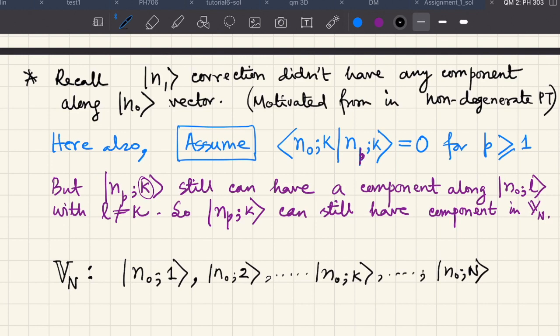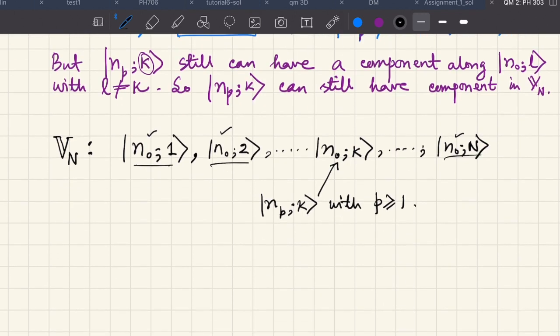Now maybe n1k will not have any component along n0k, but it may still have components along n02, n01 or n0N. No one is stopping it from having a component along these other vectors. So any npk with p greater than or equal to 1 will not necessarily have a component along n0k, but it may have components along other vectors like n01, n02 or n0N.